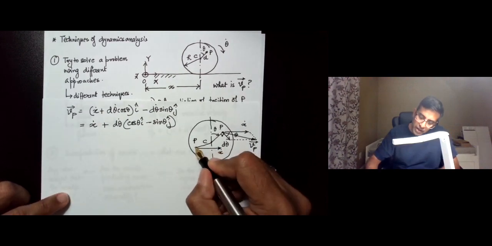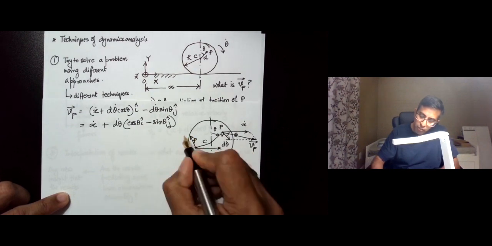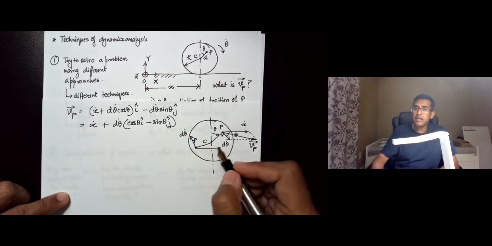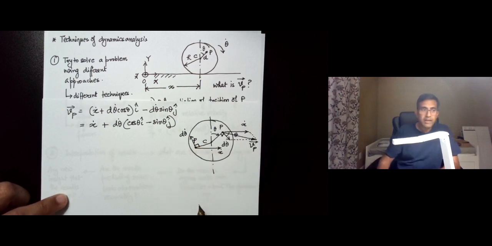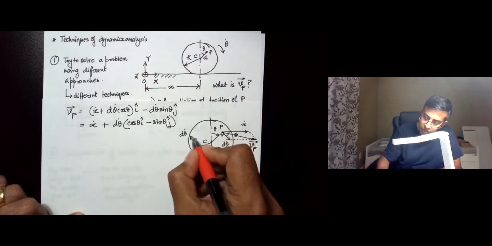And now we have our d theta dot, which is still going to be perpendicular to CP, pointing this way, because P is still turning clockwise, so this perpendicular is still there. And so, just for the sake of clarity, let me use a different color pen to show the vector sum.